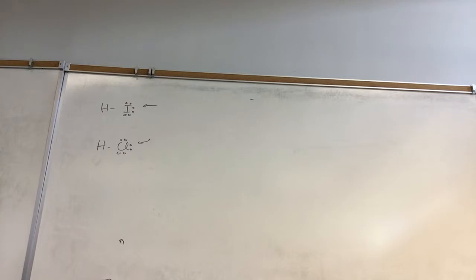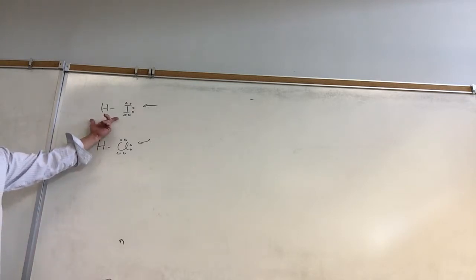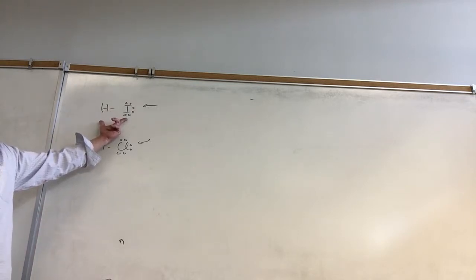Yeah? I'm a little mixed up. Right now when we're looking at this, it's linear, right? Yes. But when we're doing the hybridization, we consider it tetrahedral. Yes, because of the electron groups. Right, and therefore we always deal with two geometries. We have the geometry of the atoms, which is linear, but that doesn't tell us the hybridization.